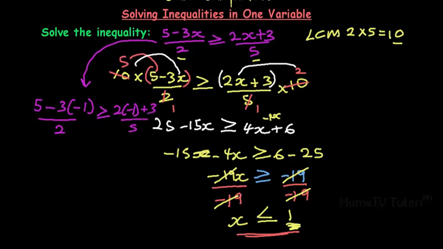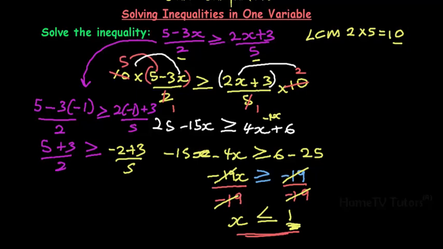So minus 3 times minus 1 will give us a positive value, so we have 5 plus 3 over 2 greater than or equal to 2 times minus 1 will give us minus 2 plus 3 over 5.